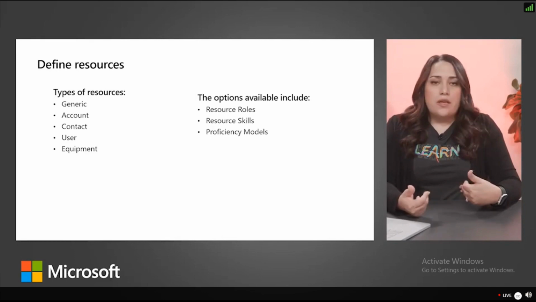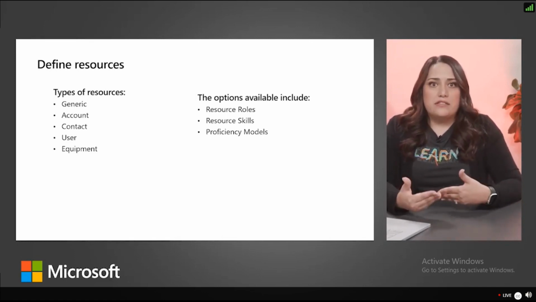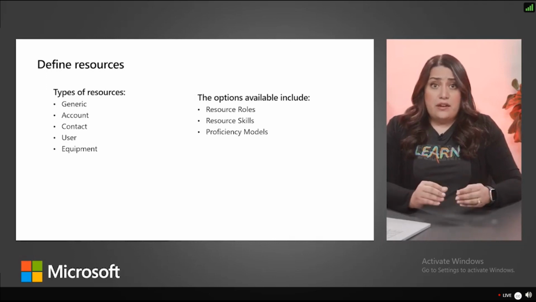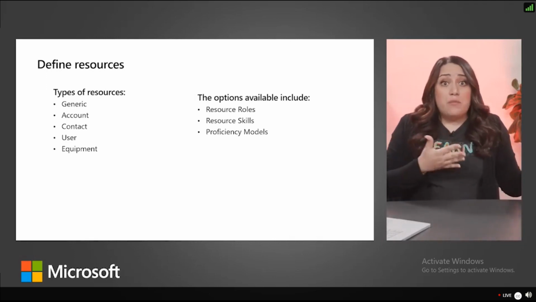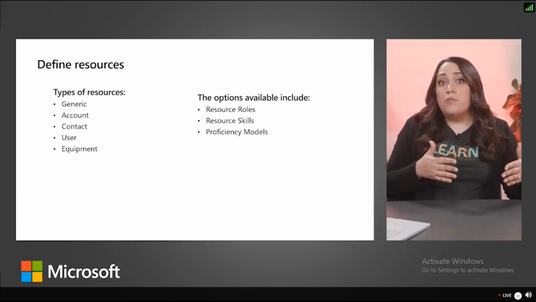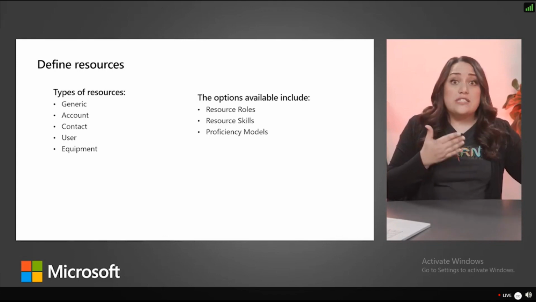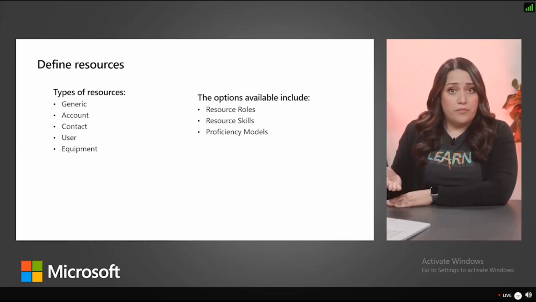For example, maybe a plumber might need to run and install plumbing lines for a sprinkler system. Now, because this is related to fire and safety, the average plumber might not have the right skills. So maybe we need a plumber who's skilled and certified in fire equipment to be scheduled instead.